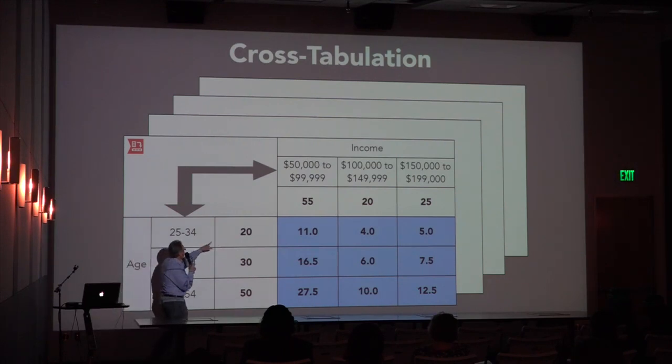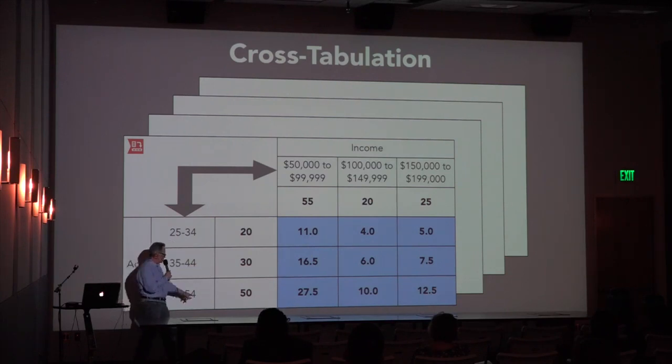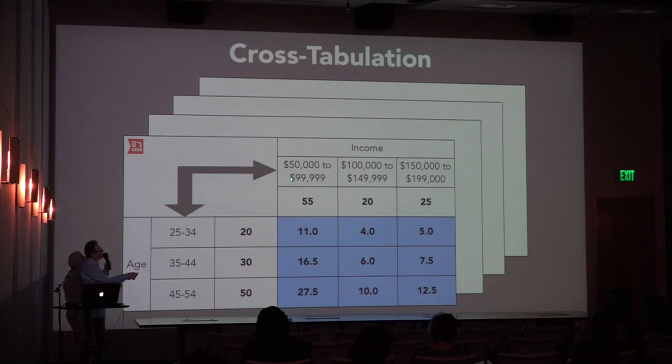So there's 20, 25 to 34-year-olds, 30, 35 to 44-year-olds, 50, 45 to 54-year-olds, right? And the income, you've got 55, a total of 55 households or people making 50 to 99,000, 20 making 100 to 150,000, and 25 people or households making 150 to 190,000.